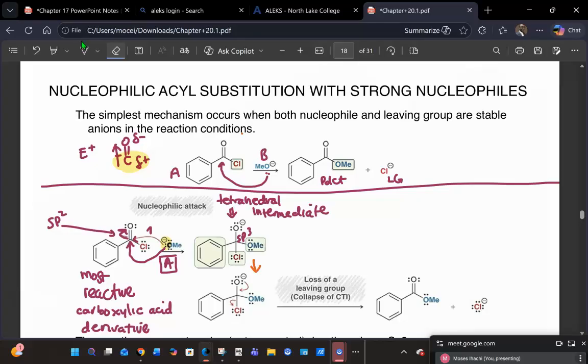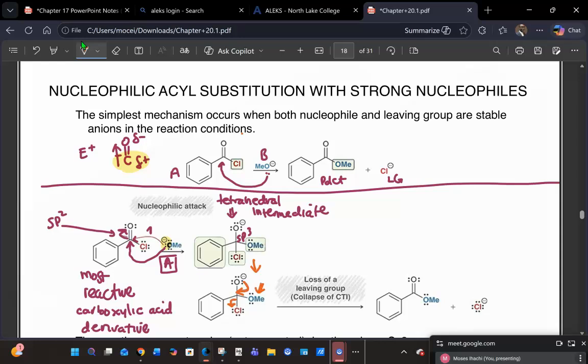OCH3 generally is not a good leaving group, but in basic medium, it will leave. Well, we are not losing OCH3, so I take that back. OCH3 will not leave here because the better leaving group is a Cl. Because if you lose OCH3 right now, it leaves as a strong base.